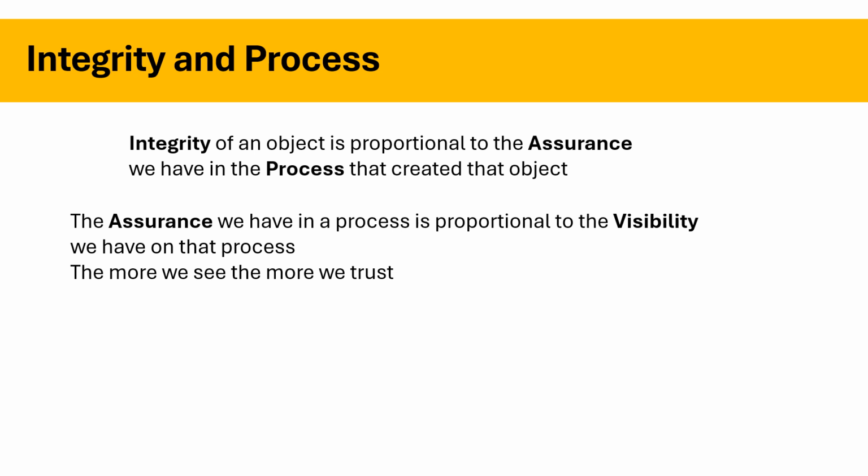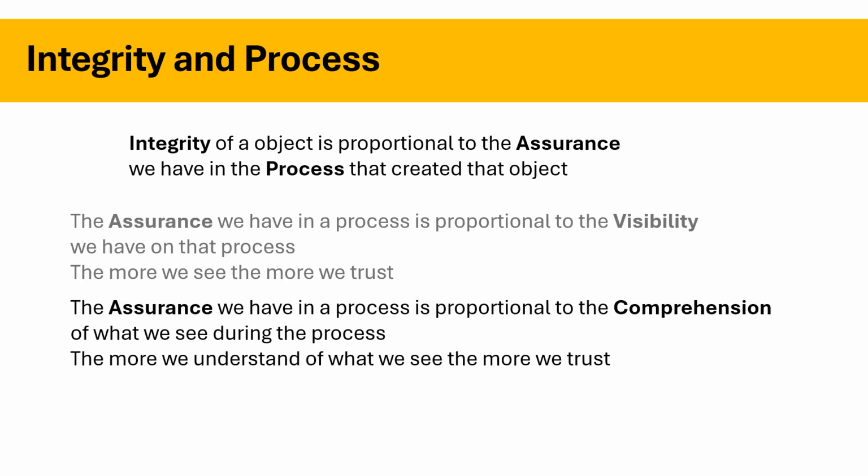Bottom line, the more we see, the more assurance we have. The assurance we have in a process is not only related to the visibility, but is also proportional to the comprehension of what we see during that process. The more we understand of what we see, the more we're going to trust.